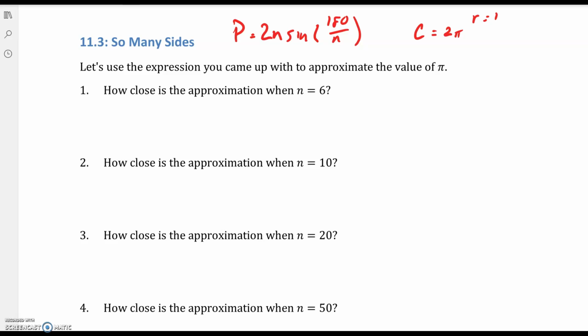If we divide this circumference by 2, we realize that pi is going to be equal to the circumference divided by 2. So if we take this perimeter and divide it by 2, we should be getting really close to pi. So let's see what happens with our approximation.